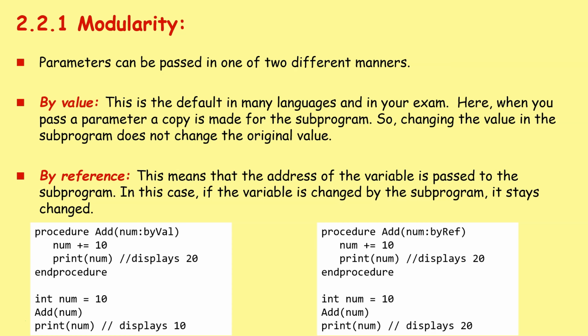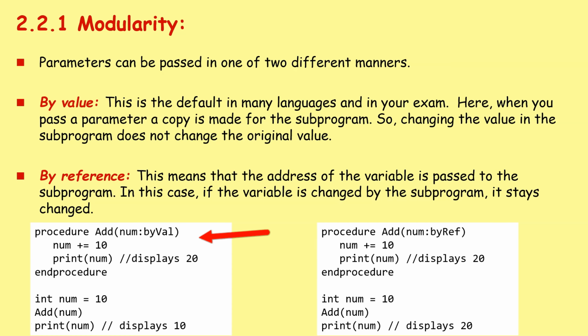So changing the value in the subprogram does not change the original value. By reference, on the other hand, this means the address of the variable is passed to the subprogram. In this case, if the variable is changed inside the subprogram, it stays changed throughout the program.